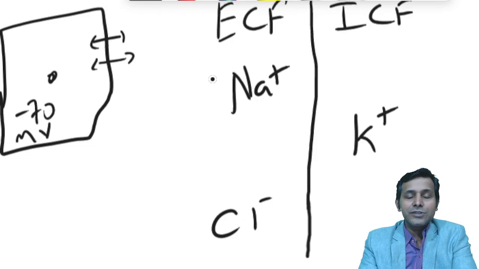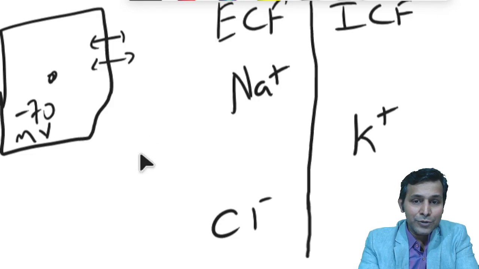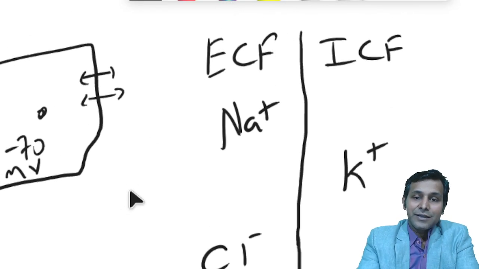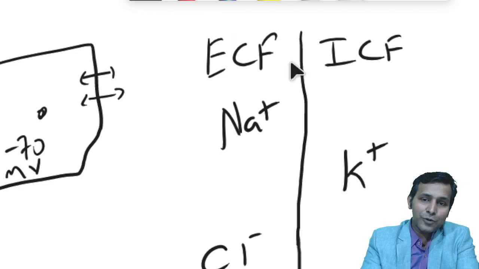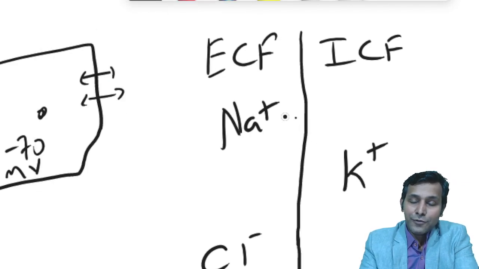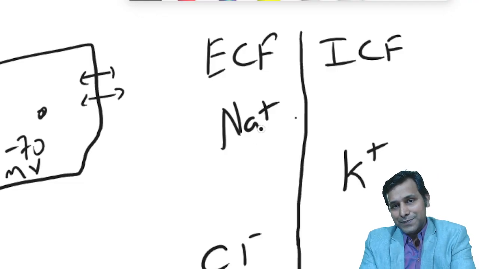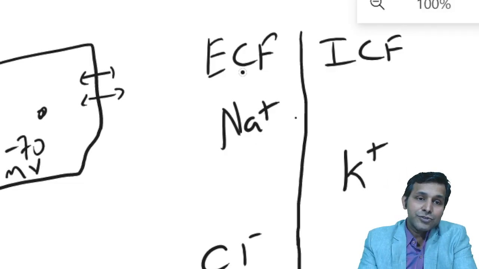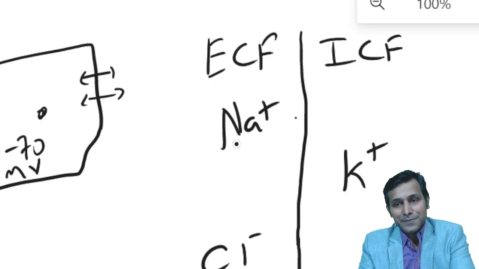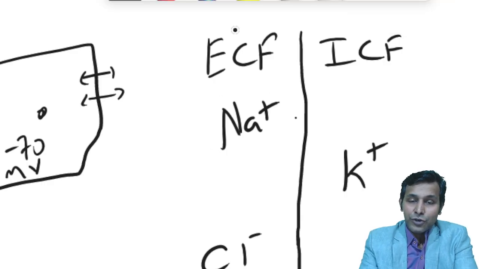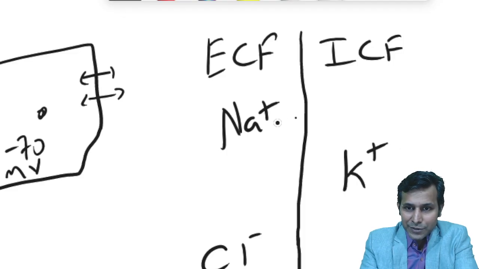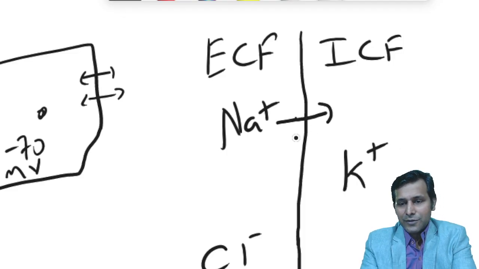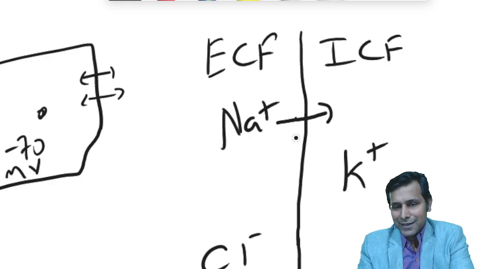So with respect to concentration gradient, let us see. Suppose sodium ion is more outside, and by diffusion sodium ion is going to move from where to where? By diffusion sodium ion is going to move from outside to inside.